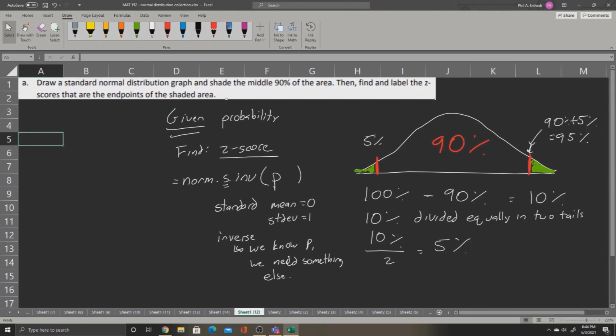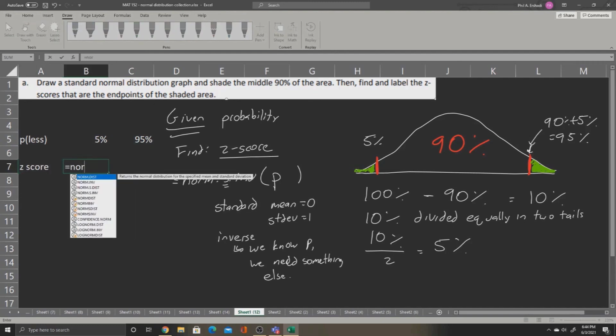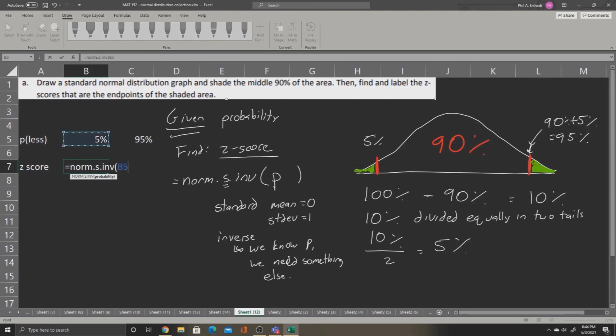Now we'll enter our P less. Our first P less is 5%, or 0.05 if you wish. Our second is our other marker at 95%. Based on that, we can find the z-score by using our norm S inverse function. All we do is select our probability, close the parentheses, and press enter.